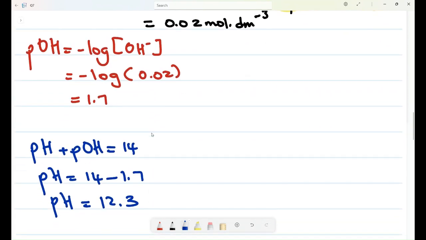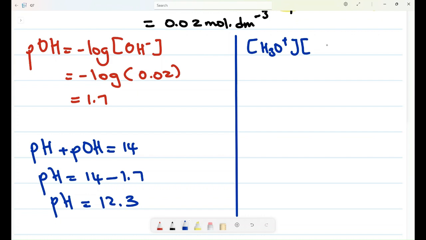Or from this step, instead of finding pOH, someone might say, let me find it another way. I know that the concentration of H3O plus multiplied by the concentration of OH minus is 1 times 10 to the power of negative 14. I wanted the concentration of H3O plus to help me find the pH.